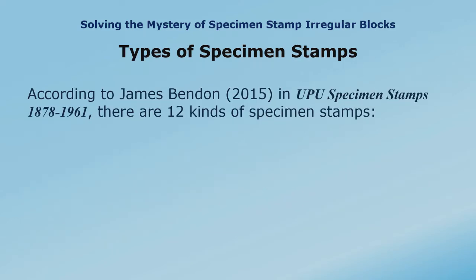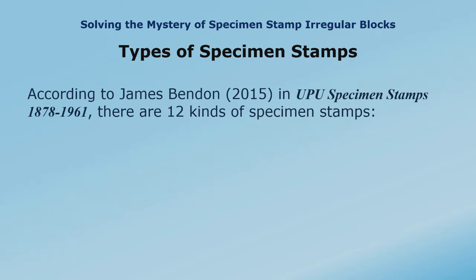James Bendon wrote the by far most authoritative book on the subject of UPU specimens. It came out in 1988. He did a revised edition that is just a stunning volume in 2015. UPU specimen stamps, his range was 1878, so just post the General Postal Union, the successor to the UPU.